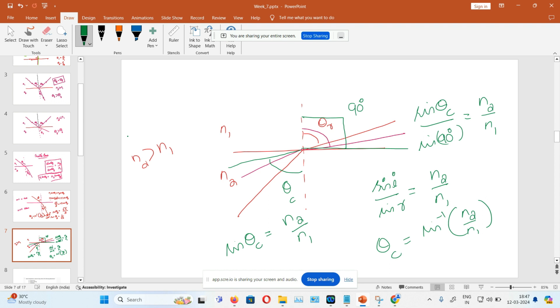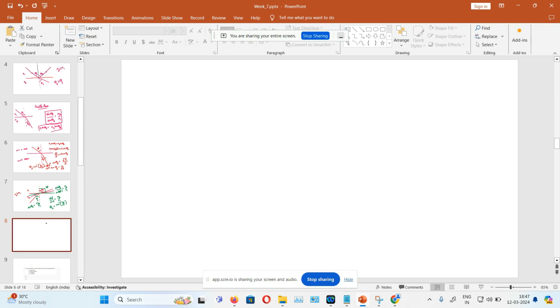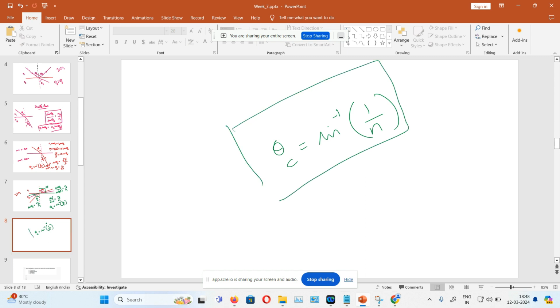So the refraction is happening from the medium to the air. In that case, what will happen? Then theta c will be sine inverse 1 by n, where n is the medium from which the refraction is happening.